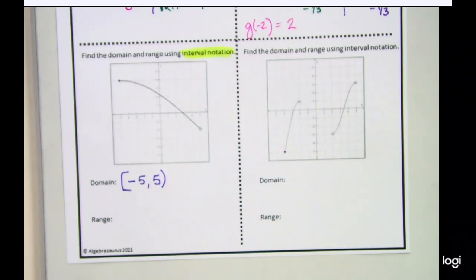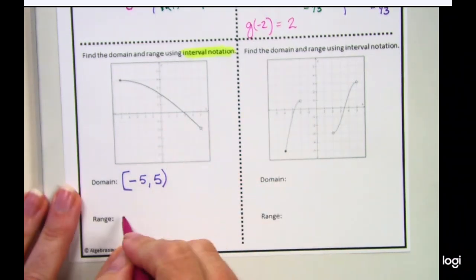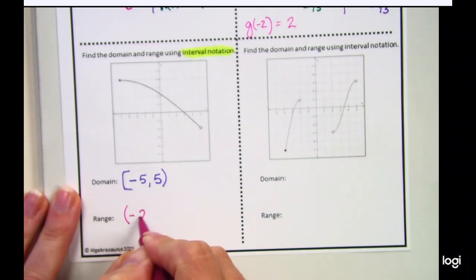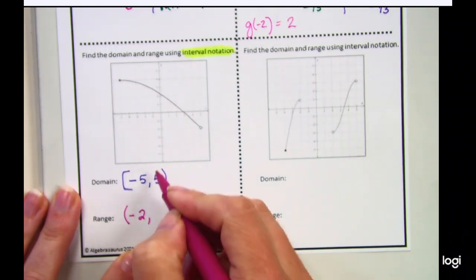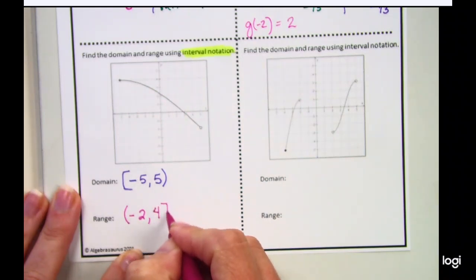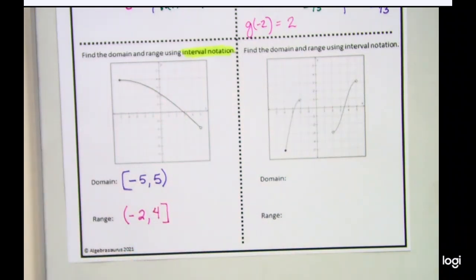Remember, we go least to greatest. So my lowest number is what? Can I equal it? So parenthesis. And my highest value is 4. And I can equal it.